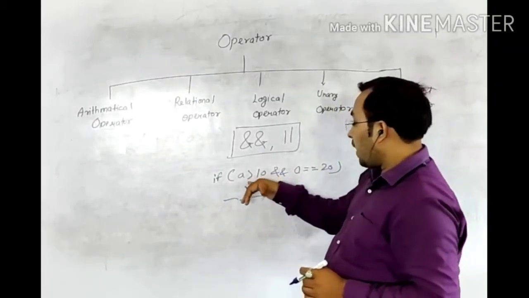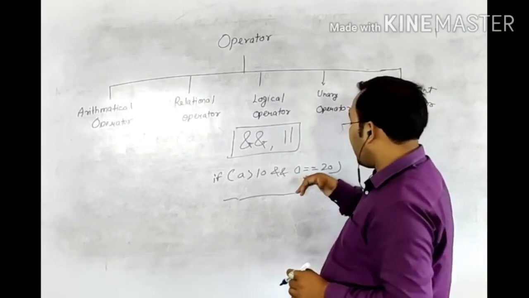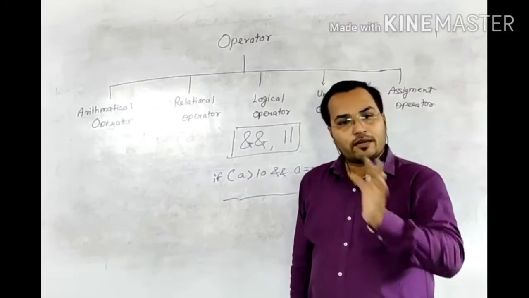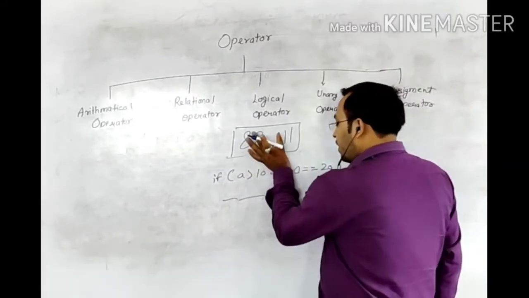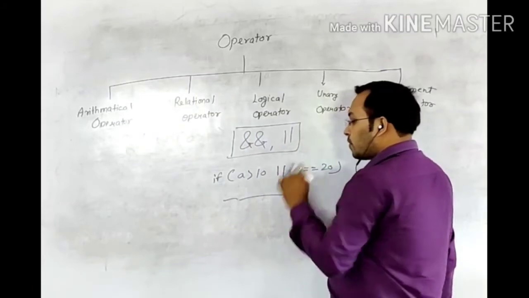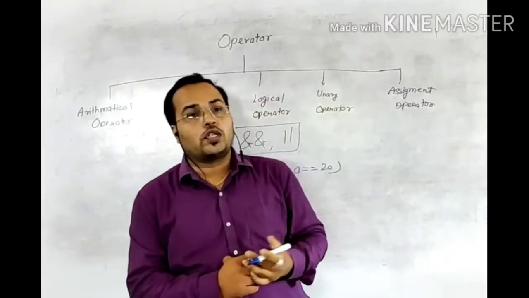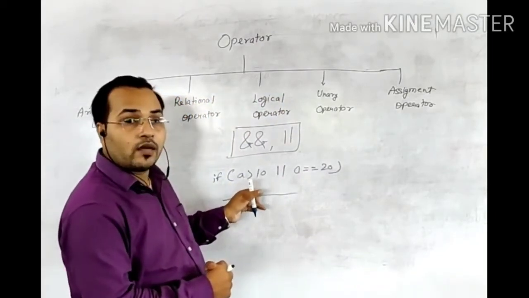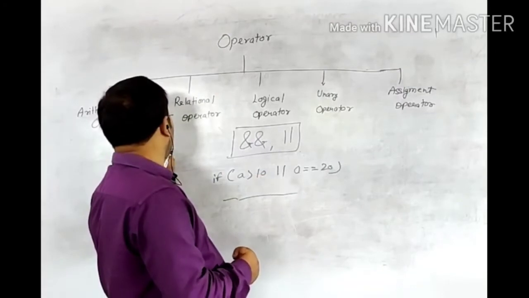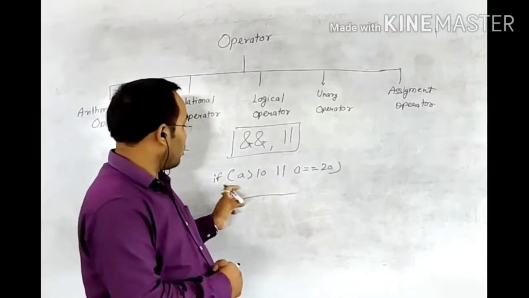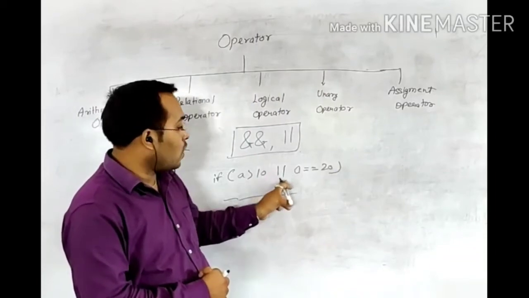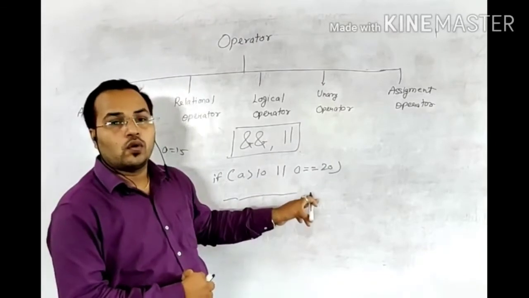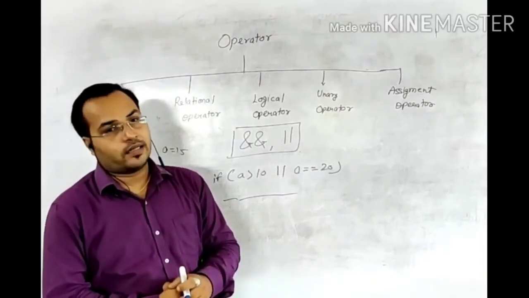That means a must be greater than 10 and a must be equal to 20, then this statement will execute, otherwise it will not. And if I use OR over here, that means now there are two situations. Suppose a equals 15 over here. Now 15 is greater than 10 or 15 is equal to 20. That means if any of the conditions is true, then you will get the desired result.